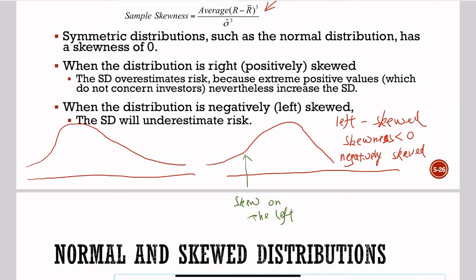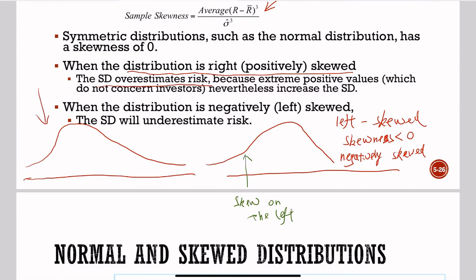Now, why does skewness matter? Well, the reason is because if a distribution is positively skewed, then standard deviation actually overestimates risk. Why? Let me give you some intuition here. Let's say you're looking at this distribution here, and you know it is right skewed. Now, what is standard deviation?